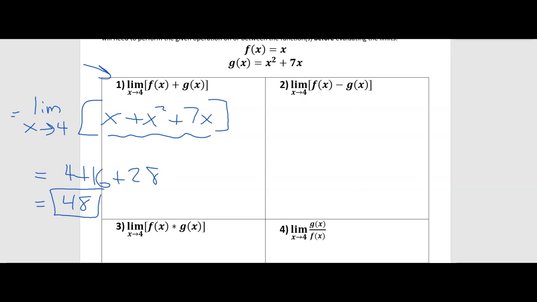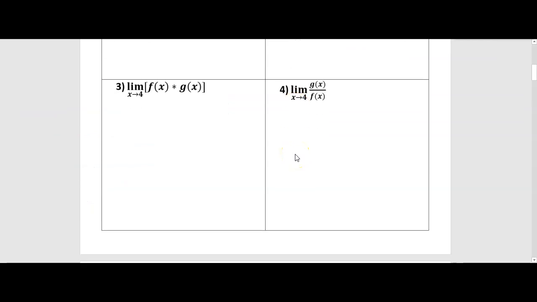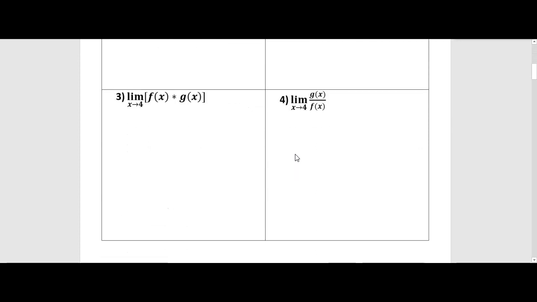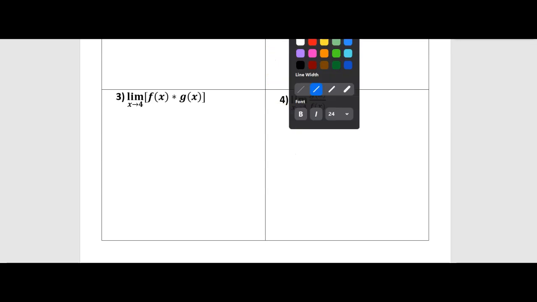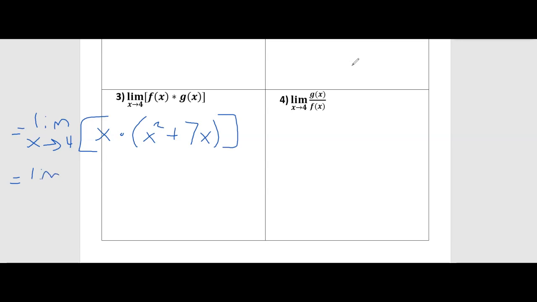Let's jump down and do number 4, actually. So I need to remember what those functions are, x and x squared plus 7x. And let's do some multiplication. So I'm going to have the limit as x approaches 4, and then in my brackets I'm going to have x times the quantity x squared plus 7x. Okay, so I'm going to have to do a little distributing.